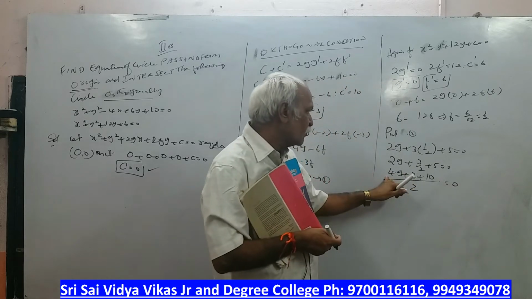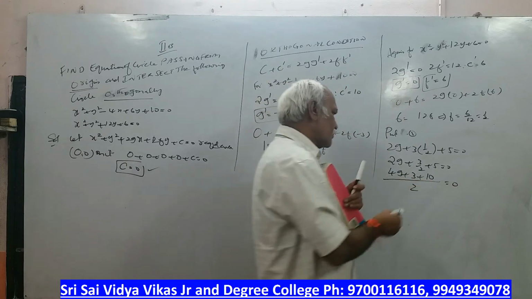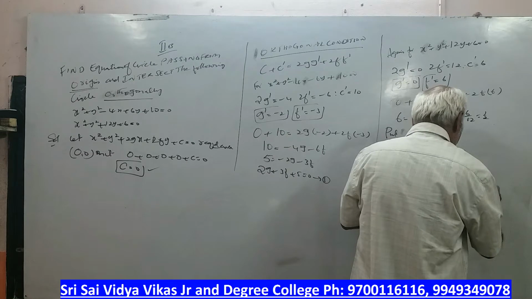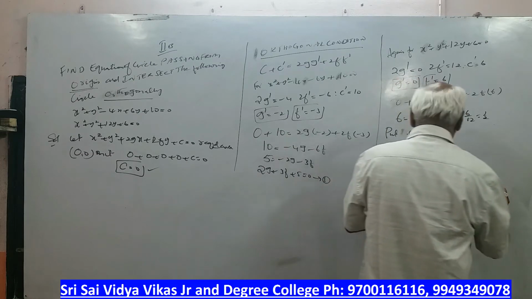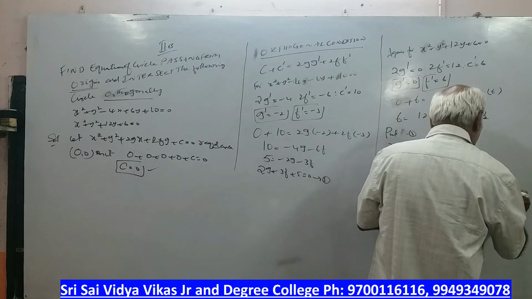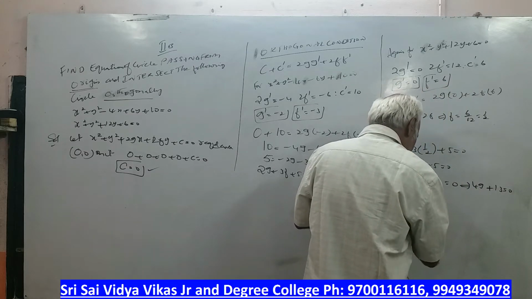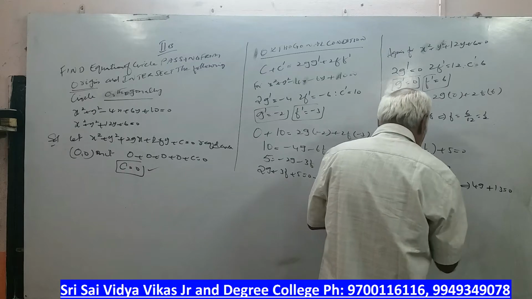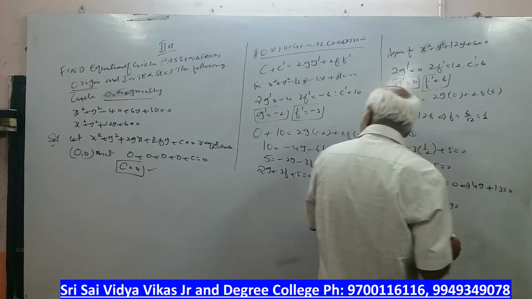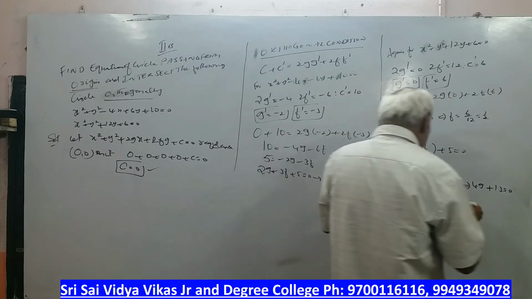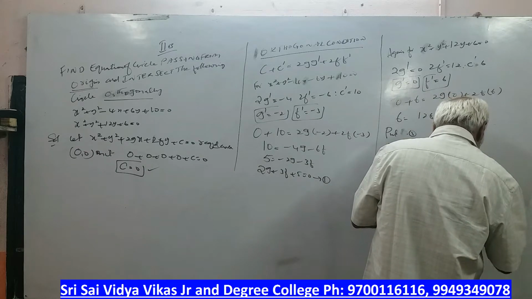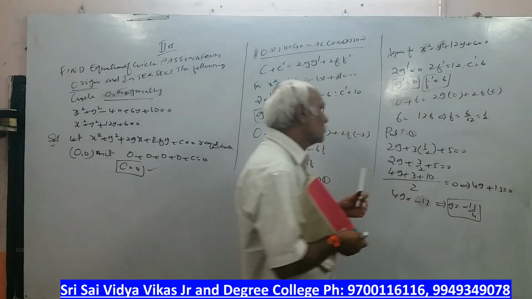From this, 4g plus 13 is equal to 0. So 4g is equal to minus 13. Therefore the g value is minus 13 by 4.